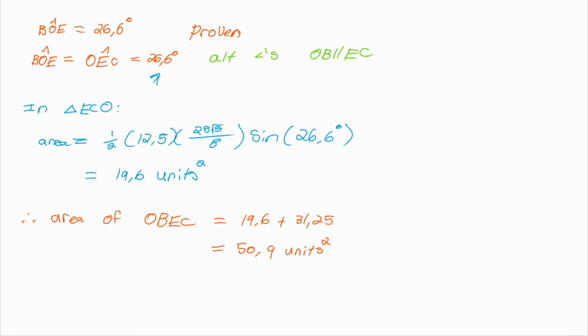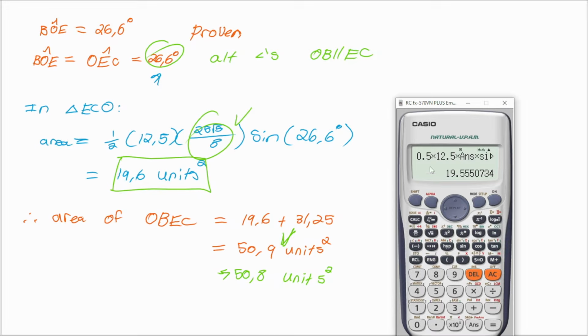This is slightly different from the memo, okay, because the memo actually gets 50,8 units square. Okay, I think you would get this mark. Okay, wait, never mind. So technically I rounded here. I shouldn't have rounded here. Because remember in the calculator, I got this, but when I did it on my calculator, I put 19,6, which I shouldn't have done.